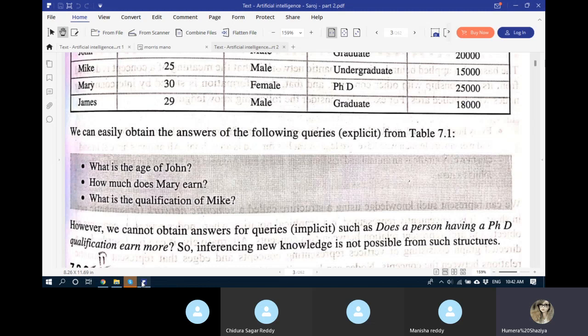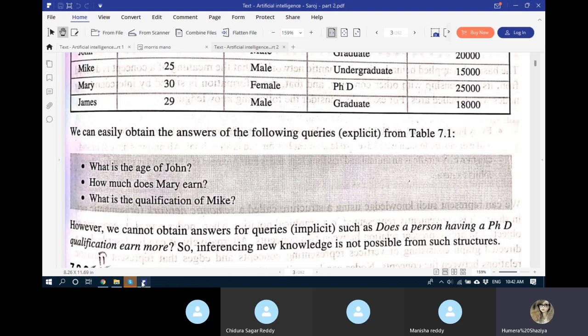However, obtaining answers for queries such as does a person having a PhD qualification earn more? It is like inferencing new knowledge, and that is not possible from this relational structure. If you remember, we derived a new knowledge by asking whether Mita is a grandmother of Meena.